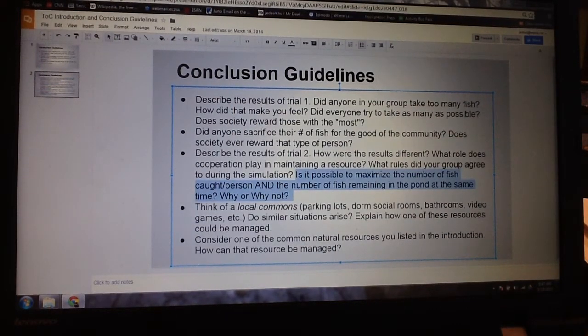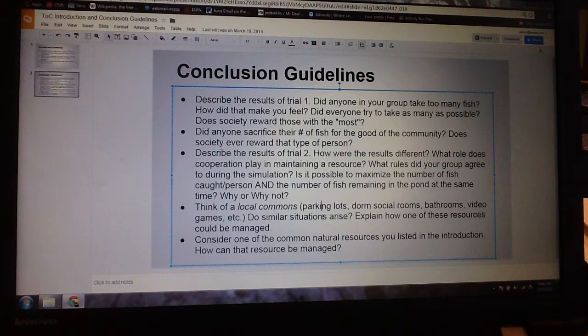As you continue your conclusion, pick one of these examples of a common resource that young people might use, such as parking lot, common rooms, social rooms at the dorm, bathrooms, video games, etc. In what situations can overuse degrade those resources?